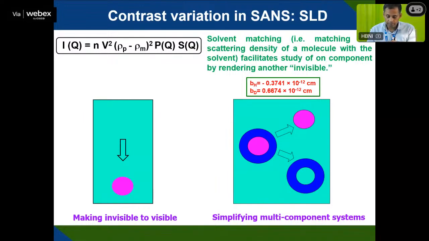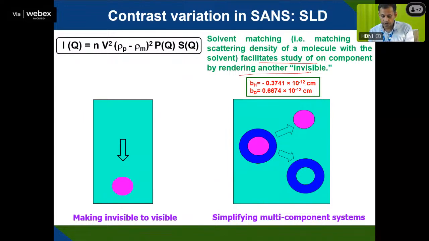So you can apply solvent matching and mismatching. With a particular solvent, the contrast will differ from that of the particle, and then you can study the components separately. One component will be visible while the other will be invisible. So you can apply solvent mismatch here.